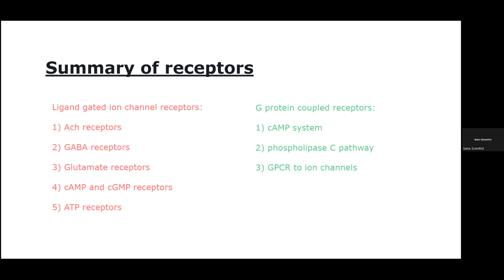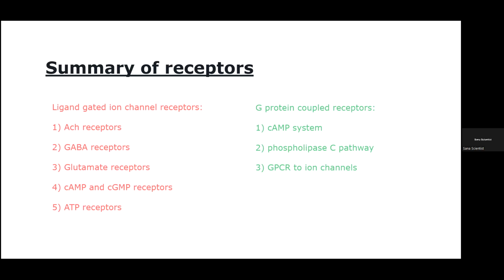When a ligand binds to this receptor, it will have a perfect binding shape in which the shape of the receptor is exactly compatible with the ligand.